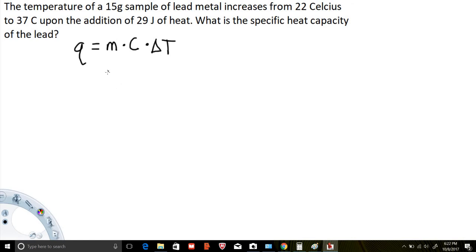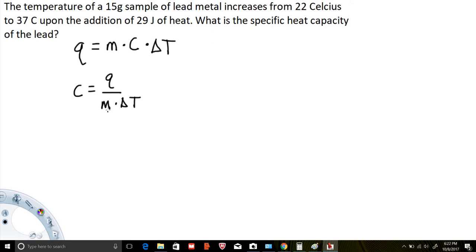Okay, so let's start off by rearranging this equation, and we will divide over the change in temperature and the mass. So what the equation will look like is specific heat is equal to Q divided by M times delta T.